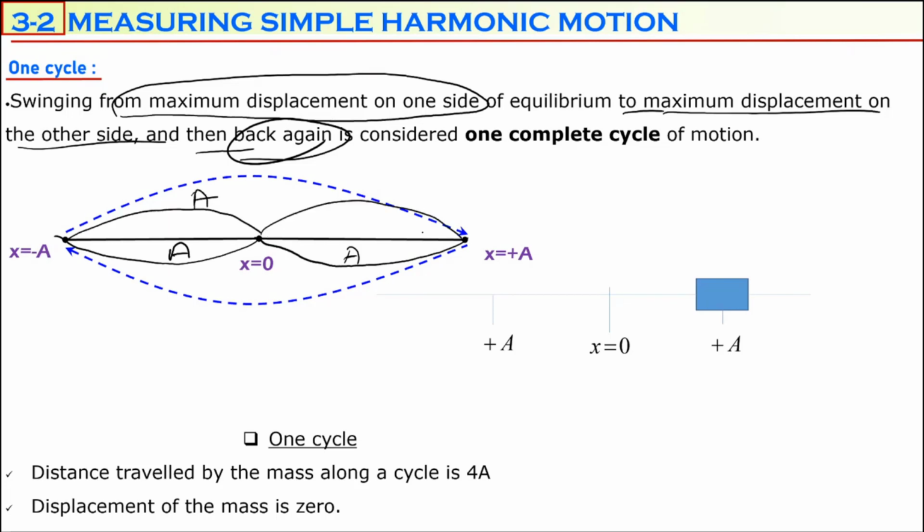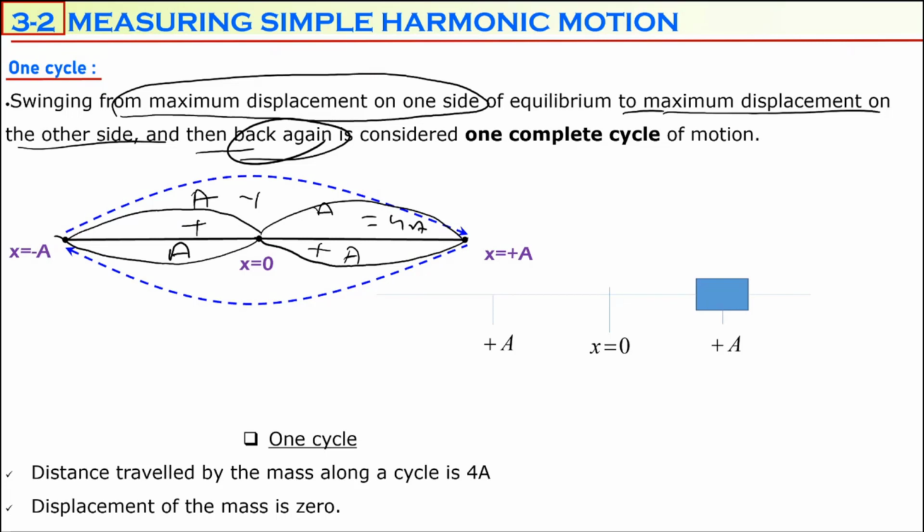And from 0 to positive A, 1 more amplitude. Add them all: A plus A plus A plus A is equal to 4A. So a vibrating object travels a distance equal to 4 times the amplitude for one complete cycle of motion.